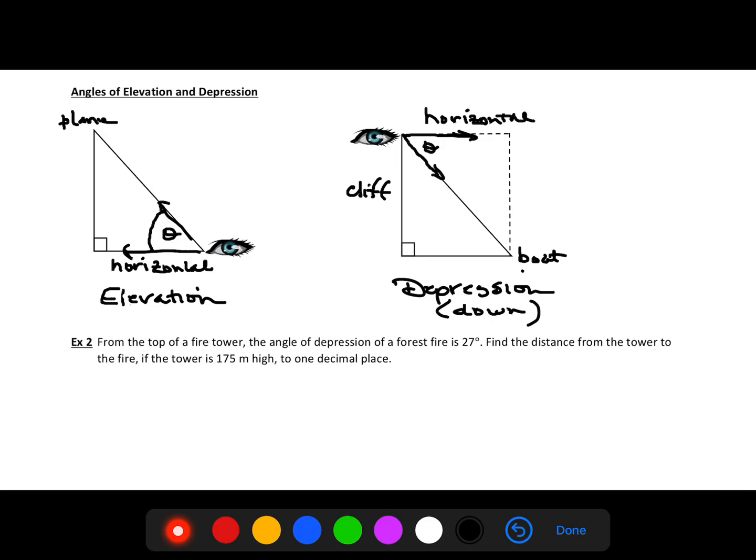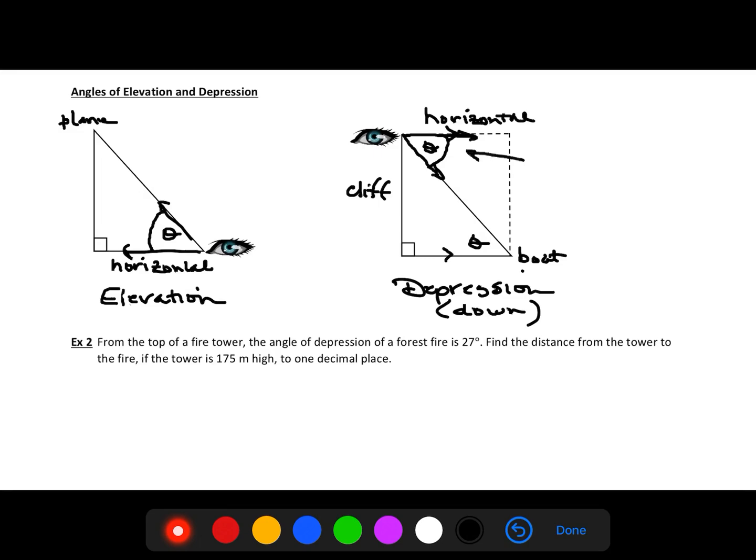So our angle of depression is actually outside of the triangle here. But we know that if this is the horizontal, this is also the horizontal, and they're parallel, we can also know that theta is down at the bottom inside our triangle as well. If we're doing a question like this, we have to label it up at the top to start with, recognizing that this is our angle of depression.